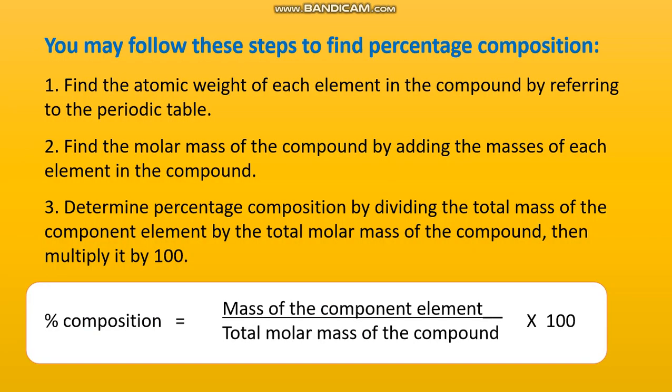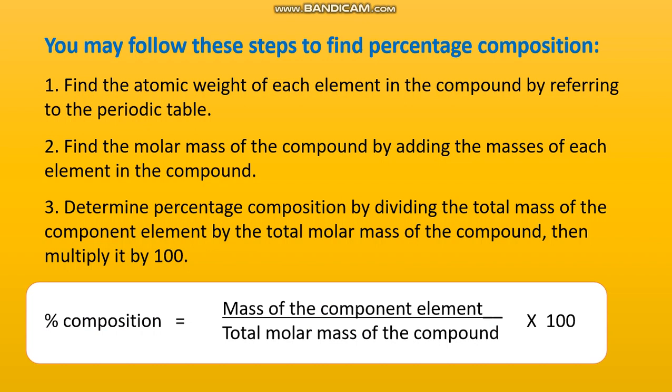You can follow these 3 steps to solve for your percentage composition. First, identify or find the atomic weight or mass of each element involved in the compound. Again, you can get the atomic mass based on your periodic table.